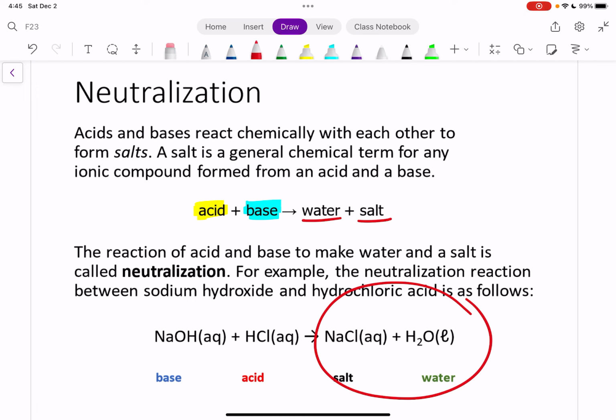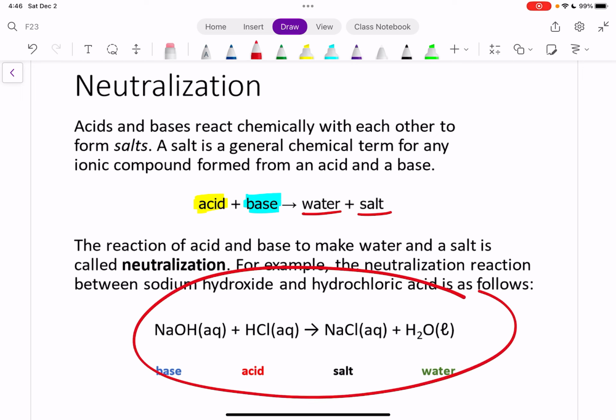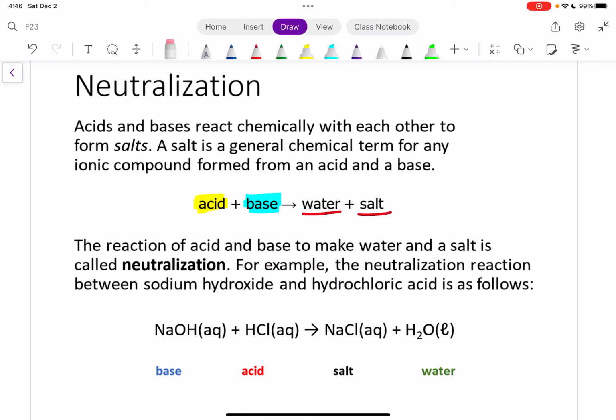Water and salt. So we neutralize those acids and bases. So this is one of the most common acid-base neutralization examples, this reaction down here. So we have NaOH, which is sodium hydroxide, reacting with hydrochloric acid, and it's producing NaCl, our salt, and water.